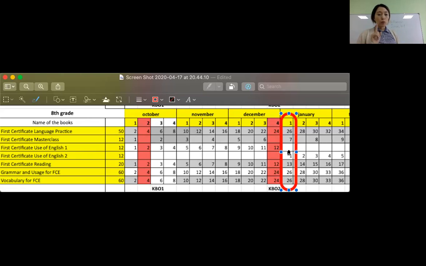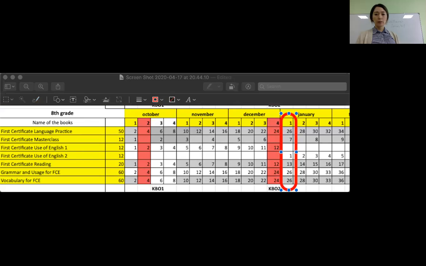So today we will start with Language Practice First Certificate. 25, 26, let's see, where are they? I'm opening the book now. Sharing it with you.